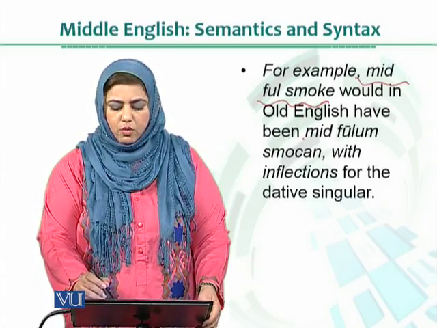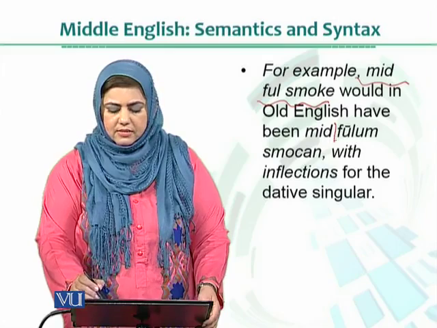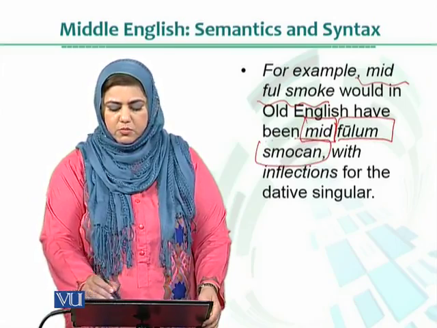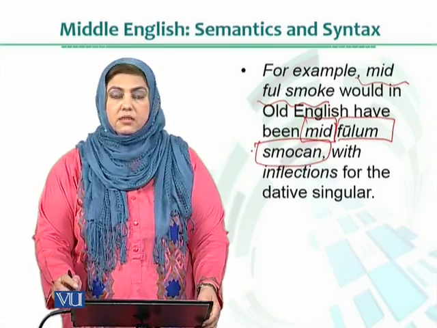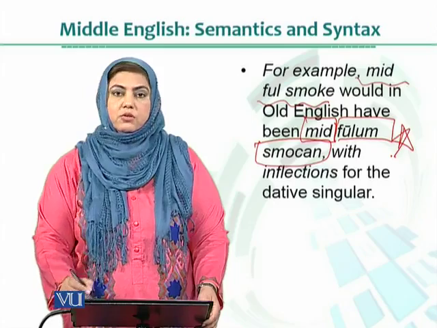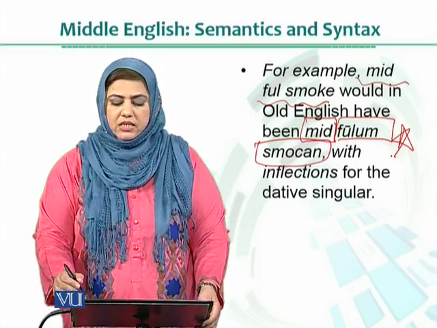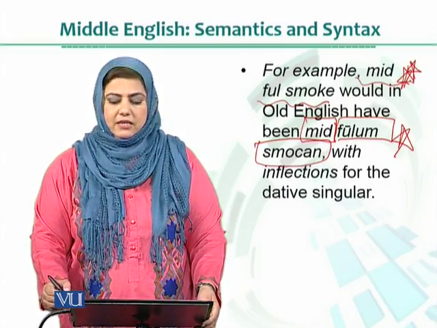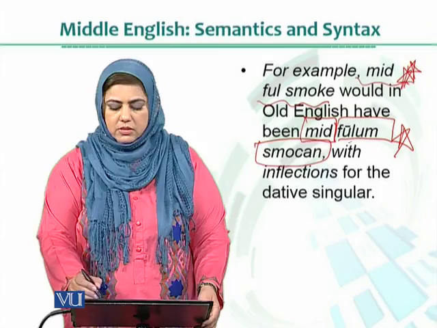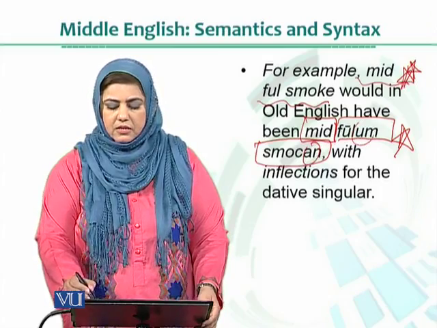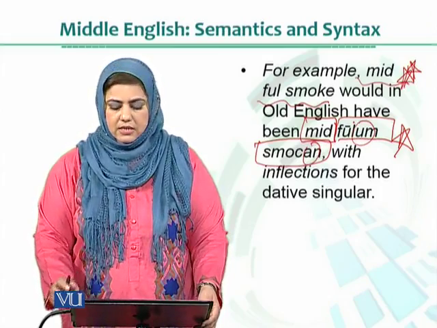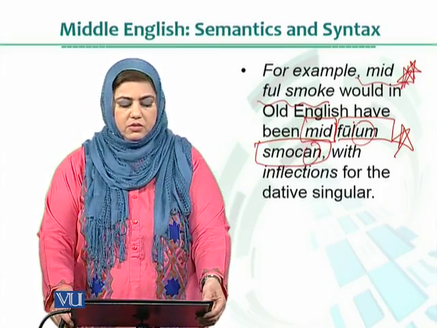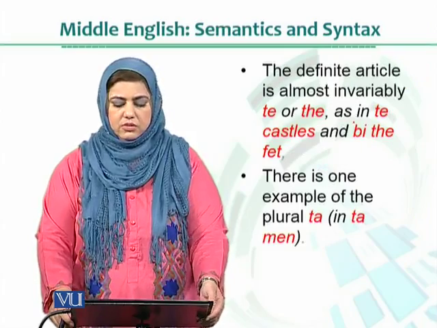Would have been in Old English, as this one, mid fullum smoken. But this Old English feature, that could have been used, is not used by this writer of the Middle English period. And these parts are not seen in this text. These inflections for the dative singular, we find they are not used.